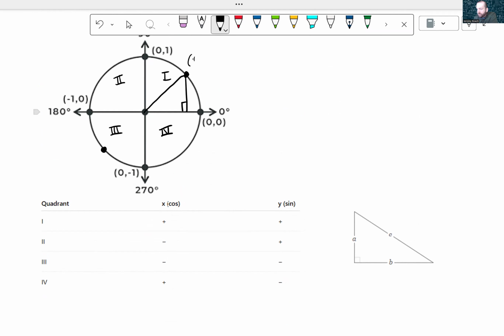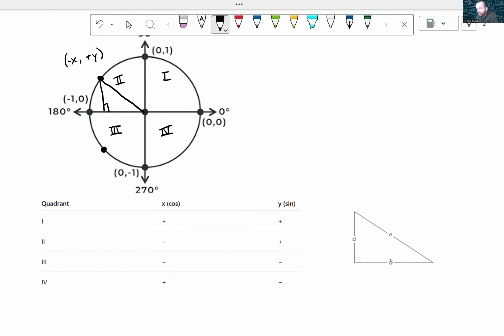We have a positive x coordinate and a positive y coordinate. That's if it's there. If it's in quadrant 2, somewhere over here, and we make a triangle over here in quadrant 2, now our x coordinate is negative and our y coordinate is positive.